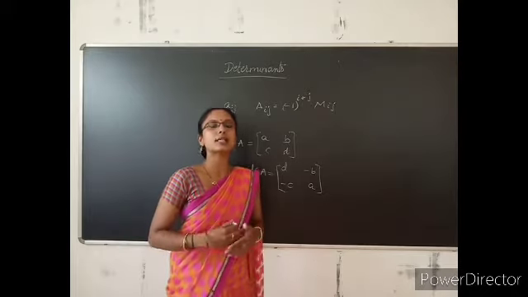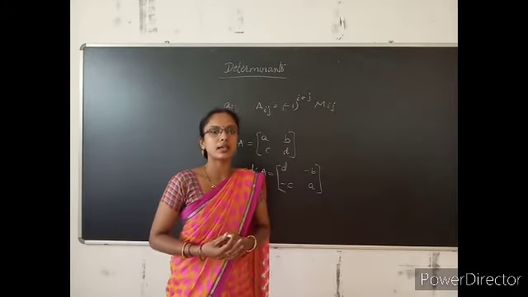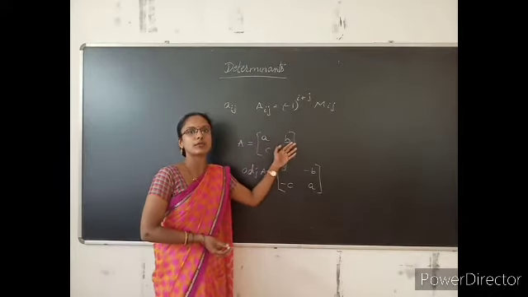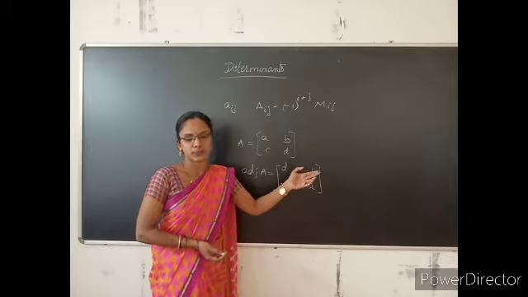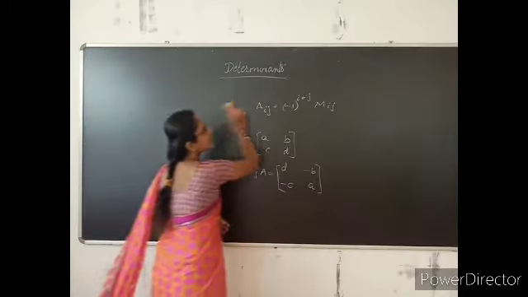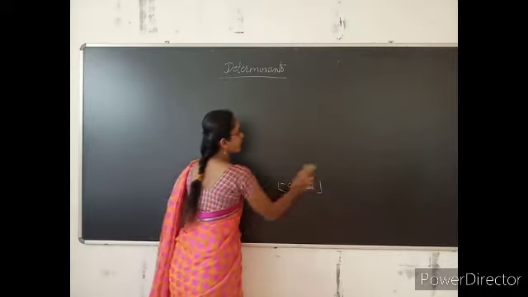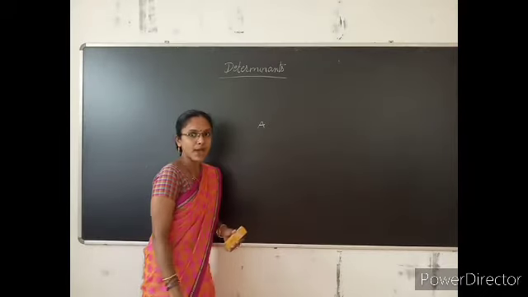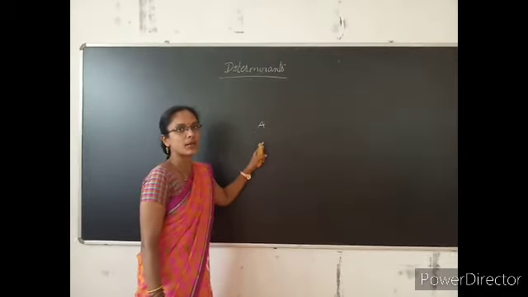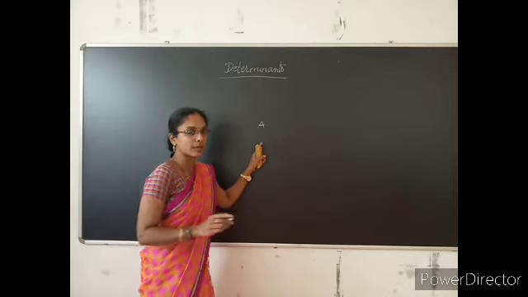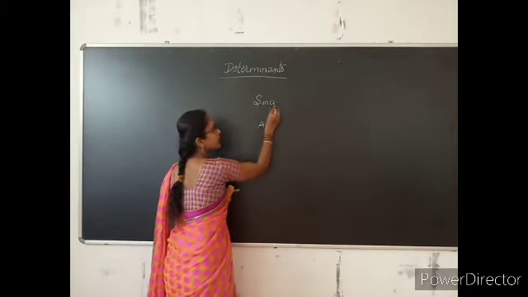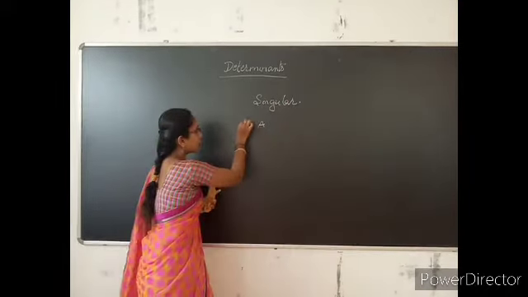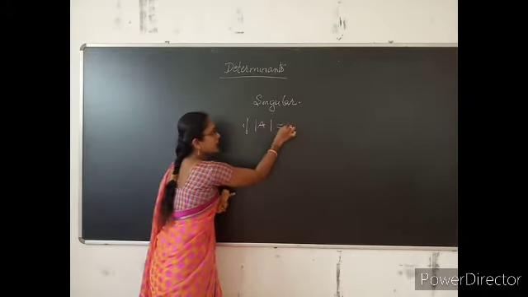Today in my class we introduce some more terms like singular and non-singular, and based on this adjoint we discuss some results. The first word is singular. What do you mean by a singular matrix? The matrix should be a square matrix. Any square matrix is said to be a singular matrix if determinant of A is equal to 0.